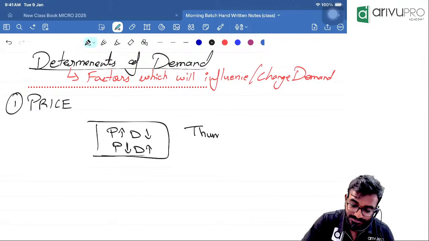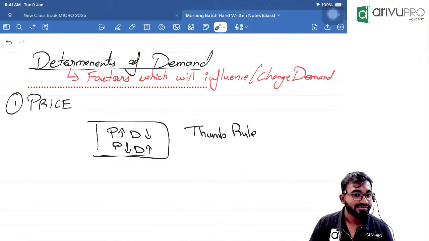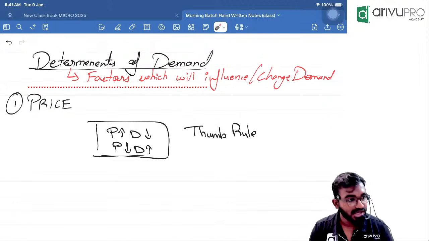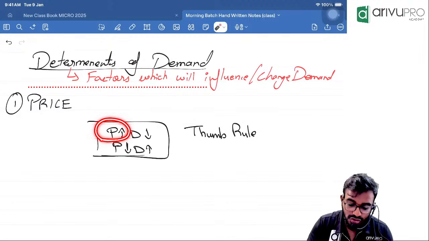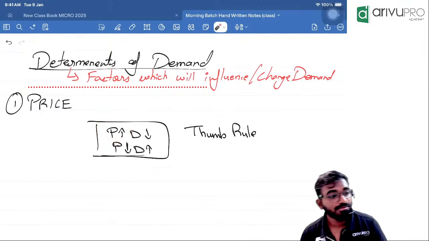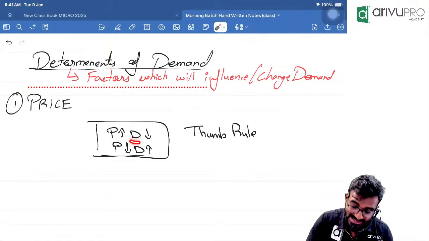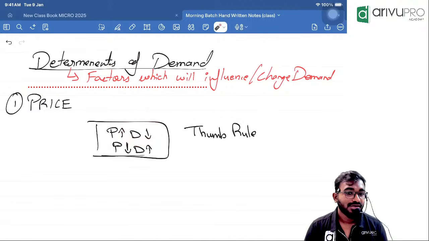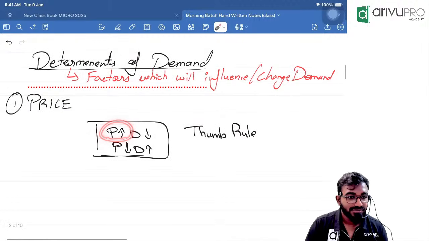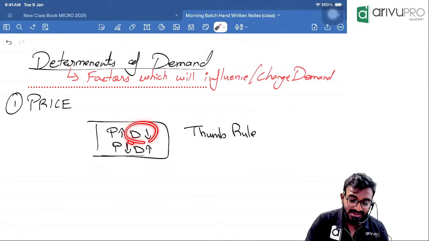Thumb rule. So remember, first and foremost, every single time whenever we are understanding the demand concept, first importance should be given to price. Next, second importance should be given to demand. Is that clear? So first and foremost importance is always given to price, second importance is given to demand.